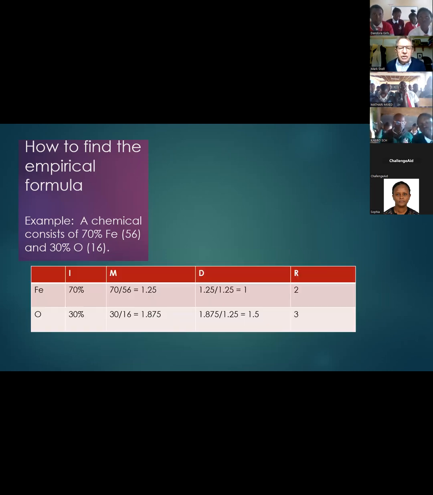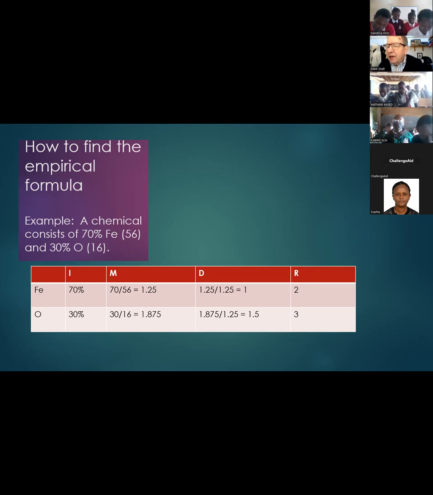So IMDR is information, moles, divide, ratio. I've put down my Fe and my O, and the information from the question told me 70% is iron and 30% is oxygen. Then I find moles.